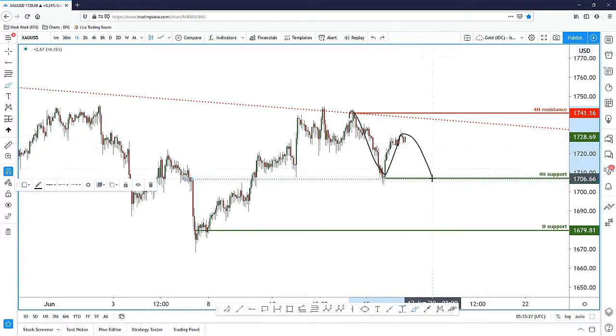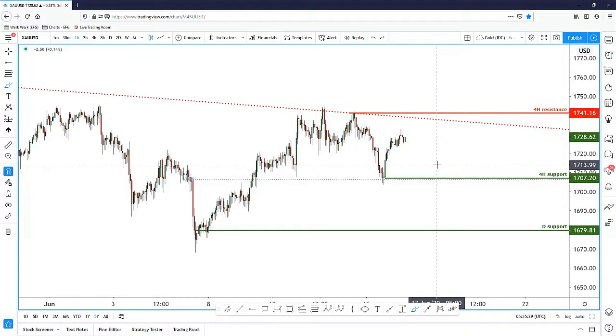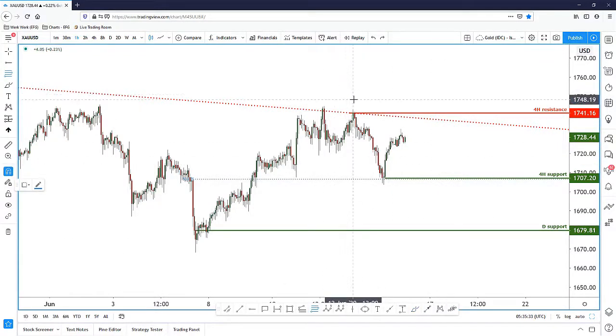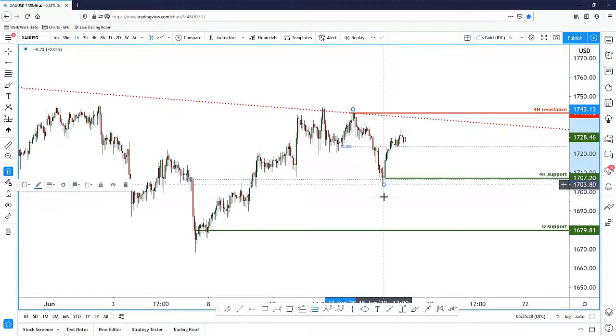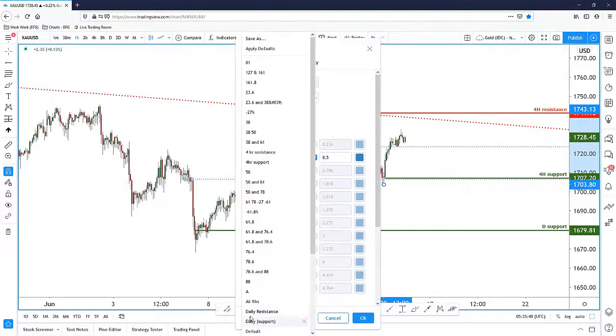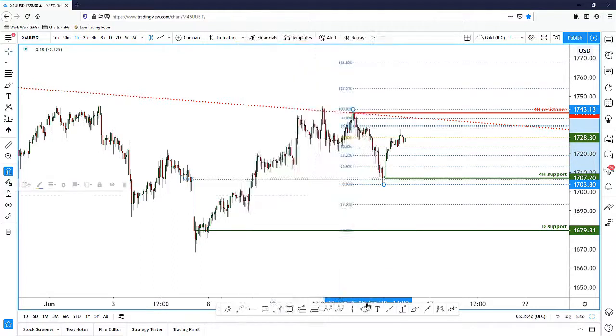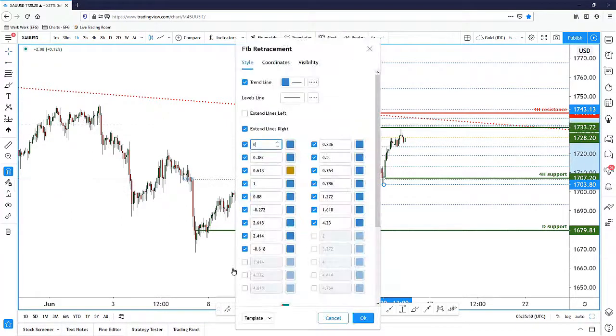And I'm thinking price could possibly make another push down. So we take our retracement from the recent high all the way to the low, open up all Fibonacci ratios, and I can see that there's a graphical level at the 78.6 area. There's this graphical level here.